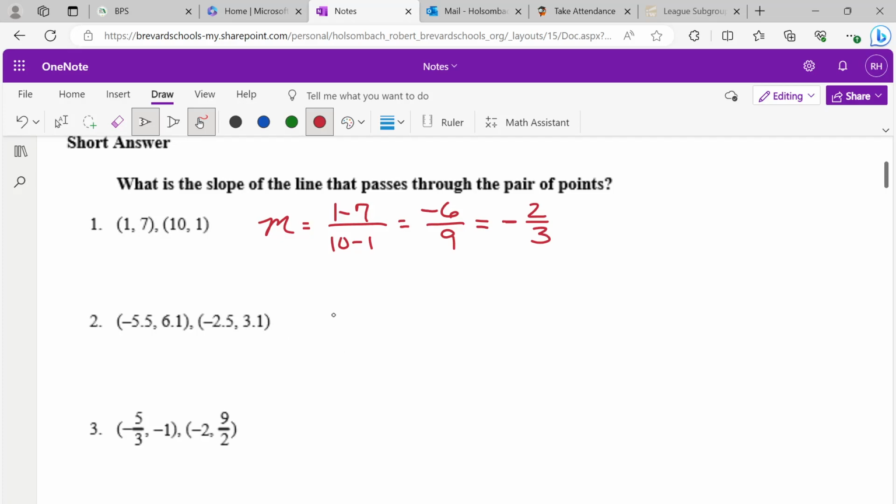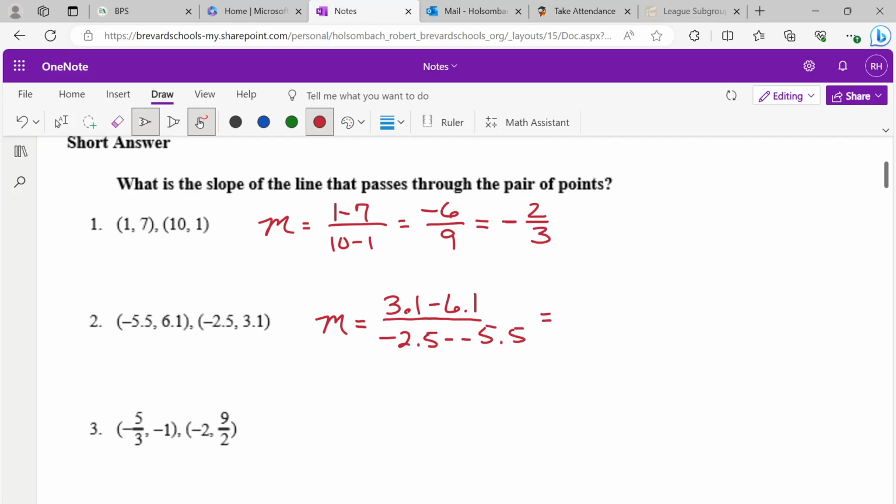Problem number 2. The slope is going to be equal to 3.1 minus 6.1 over negative 2.5 minus negative 5.5.